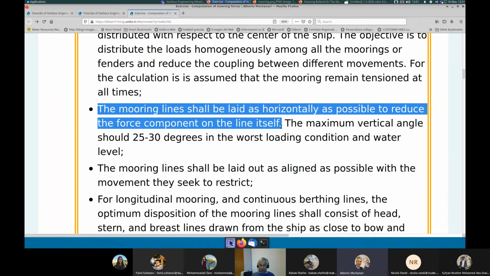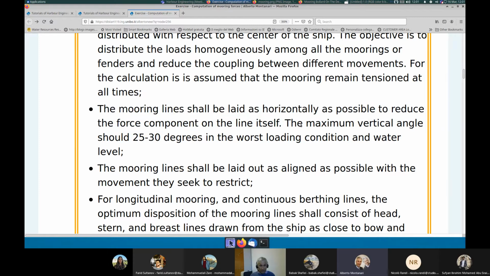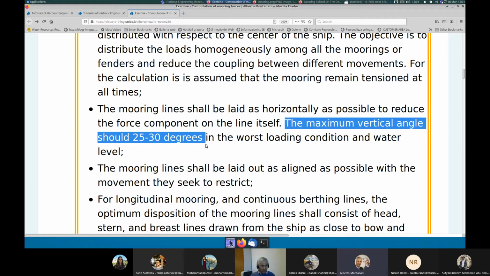A horizontal forcing translates, if I have only vertical mooring lines, in an infinite forcing in the vertical direction. So the higher the inclination, the higher the forcing. Okay. The max vertical angle should be, another spelling error, 25-30 degrees in the worst loading condition and water level.